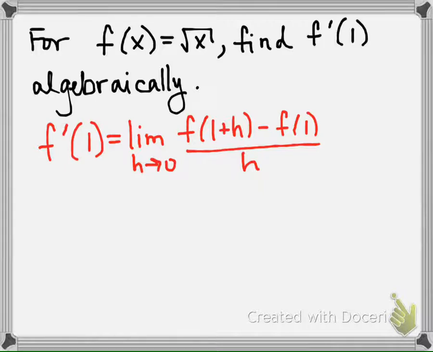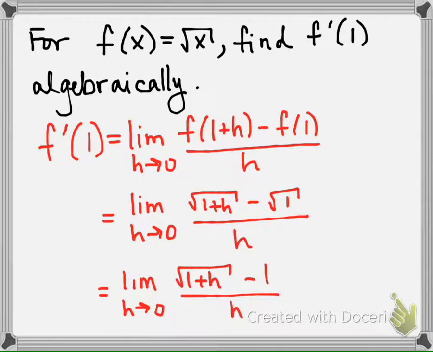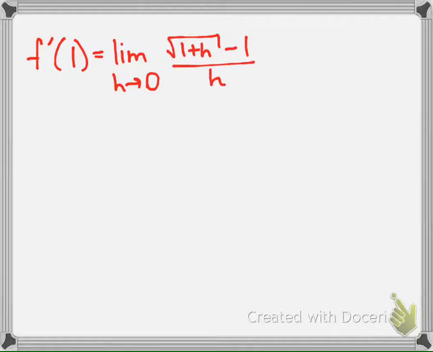Let's use our function, square root of x. So we get the limit as h goes to 0 of square root of 1 plus h minus square root of 1 over h. And let's simplify that square root of 1. Square root of 1 is, of course, 1. Now, what do we do with this? I'm going to go ahead and put this on the next page so that I can write below it.